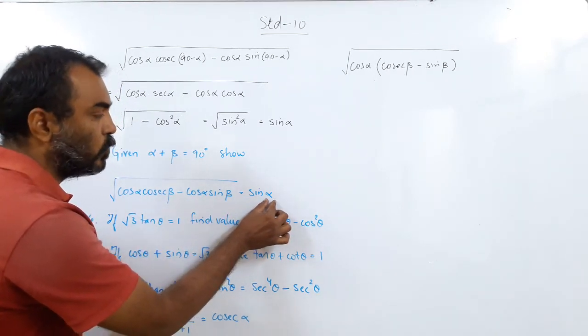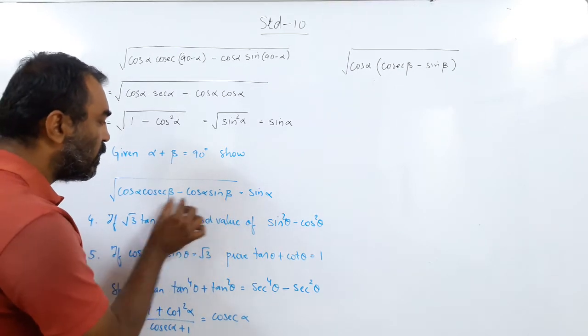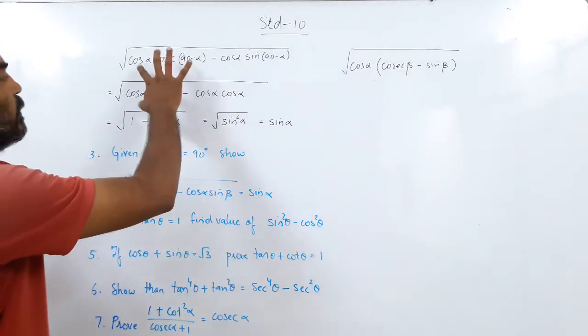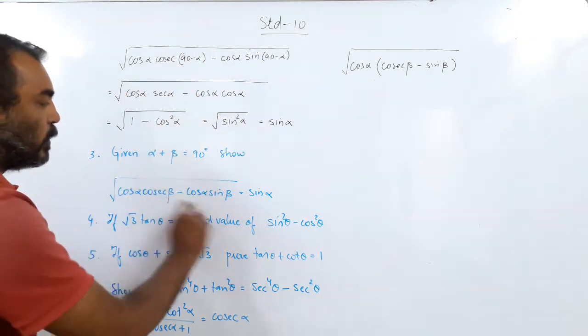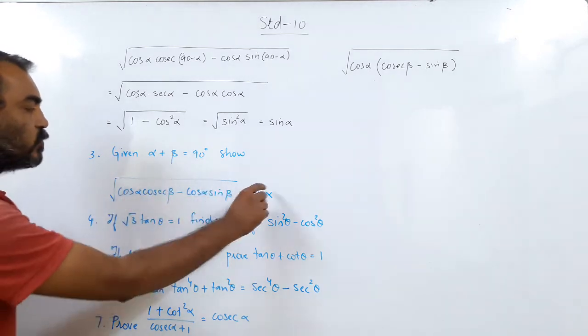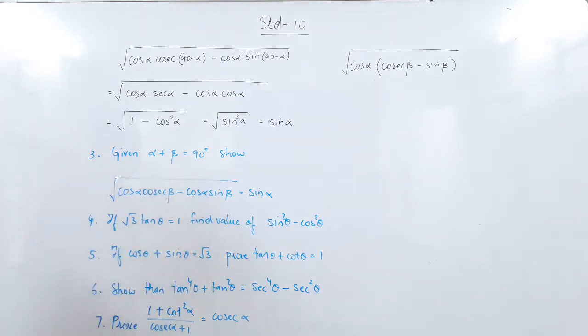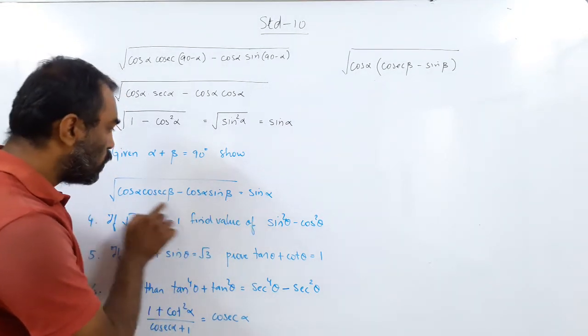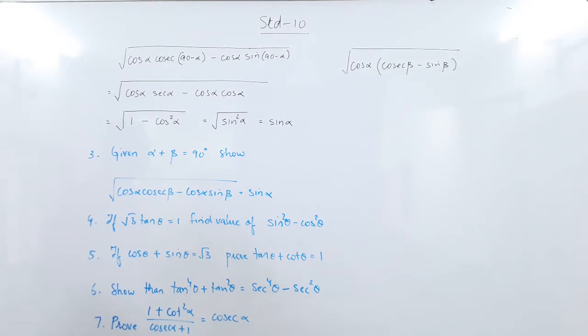So what you need to do is convert the betas into alpha. That is what we have done here. We made the whole sum into an alpha sum. Do you notice this? This is the logic which is very important. When you see sums in trigonometry, see the right hand side, it gives you a clue what you should be doing on the left hand side.